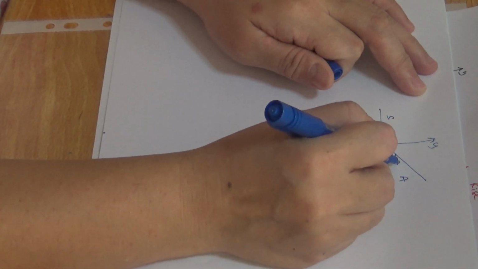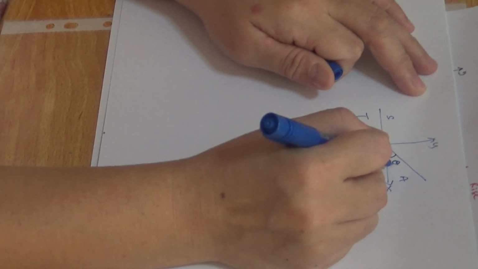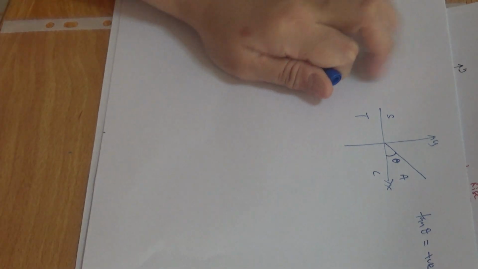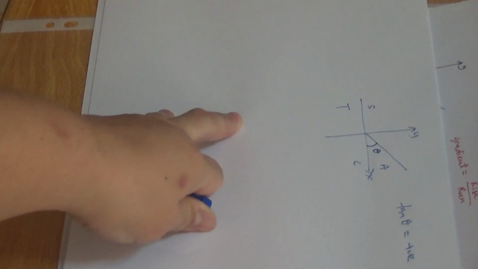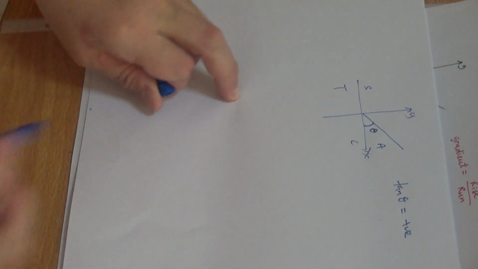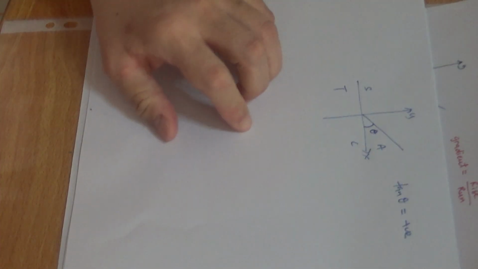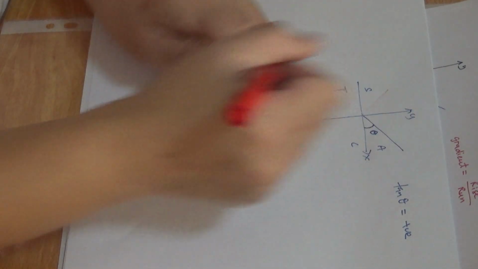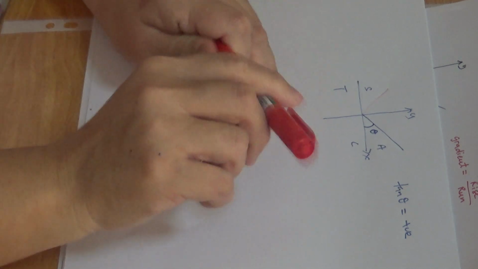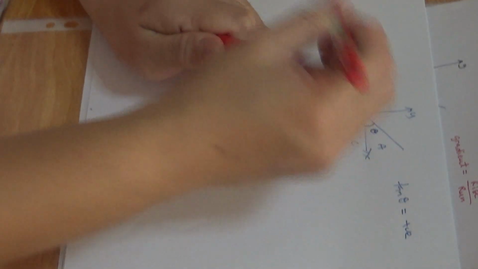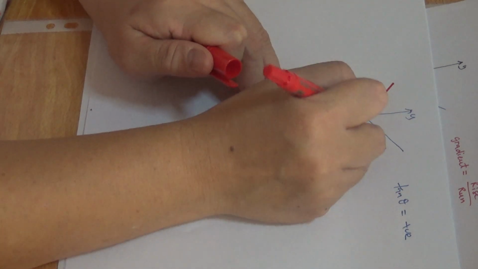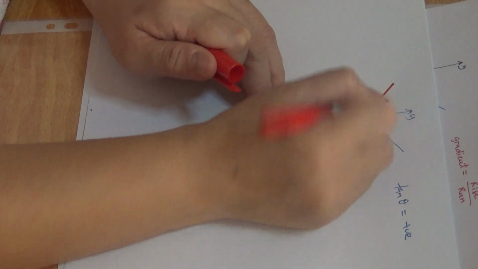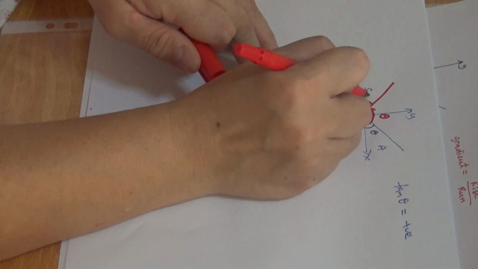Now if it's an acute angle, the tangent of the angle will be positive. Now if I have an angle over here, this is an obtuse angle. Let's call this obtuse angle red theta, and this is angle little a.